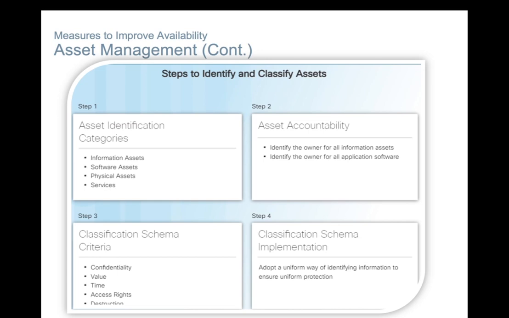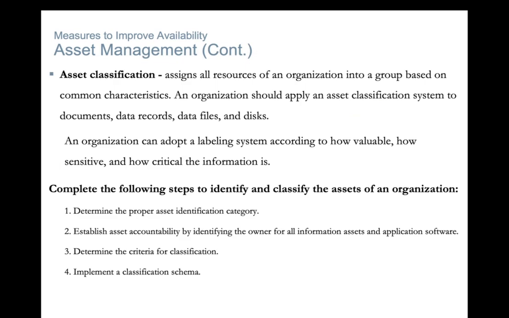So these are the basic steps to identify and classify the assets for managing the asset management system. Then it requires asset standardization. This is what we just discussed, the asset classification.